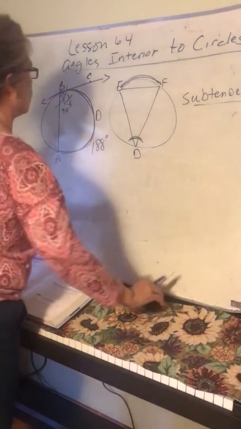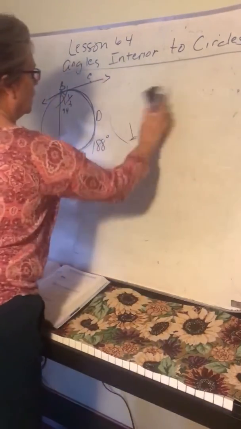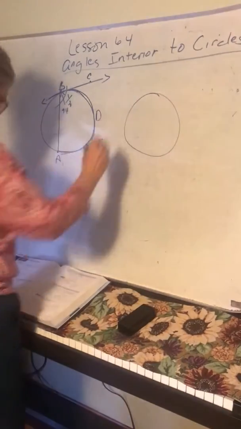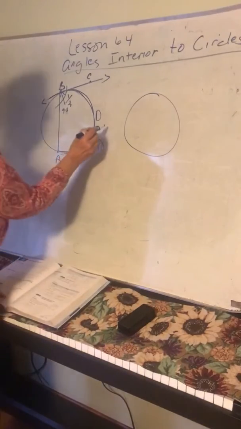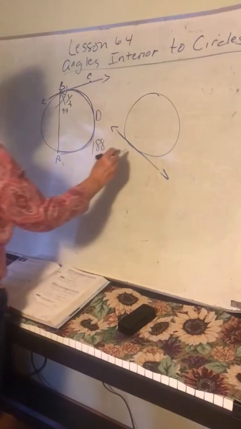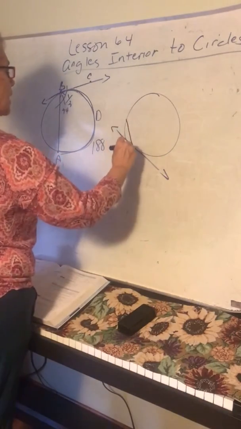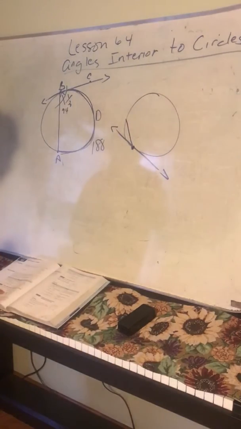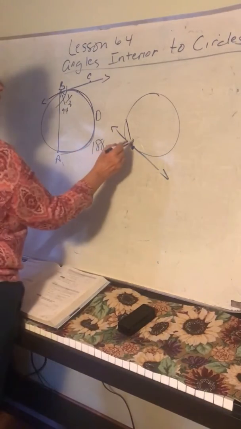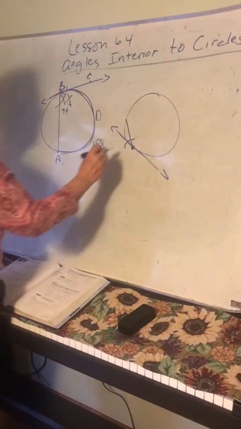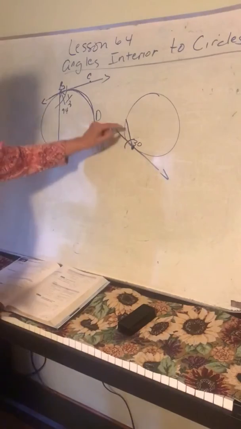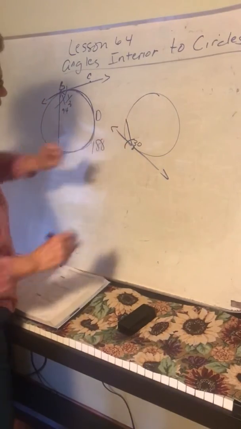Let's look at another one. We've got a tangent line right here, and then say our chord is right here. There's our chord. And we know that this angle right here, where the chord meets the tangent point, is 30 degrees.